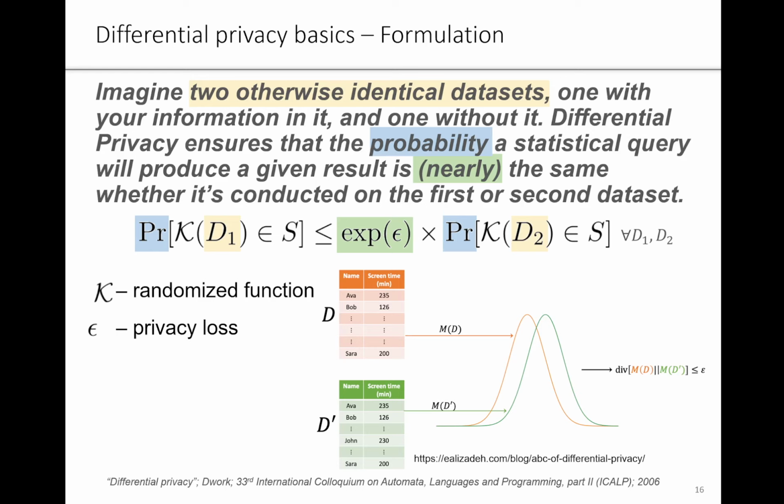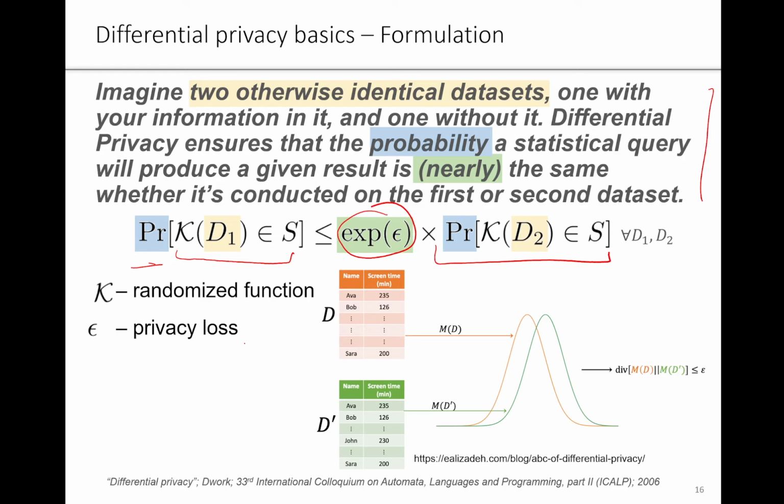So what is the idea? Let's have a look at this. This is again the same description, and what we have here is the probability that we are operating on database 1 and the probability that we are operating on database 2 are very similar, up to a specific factor.